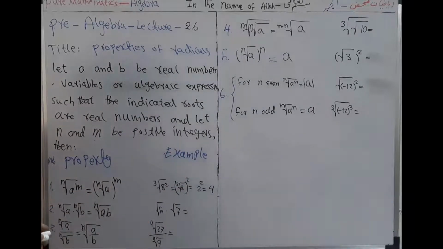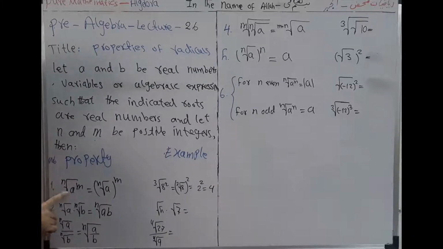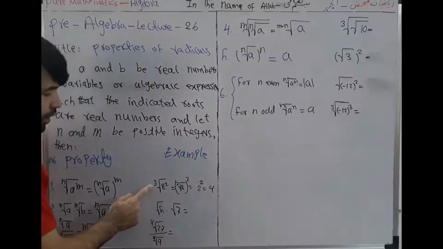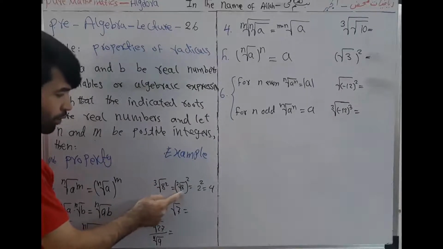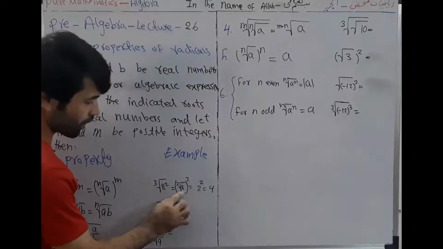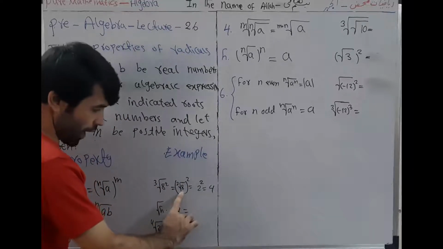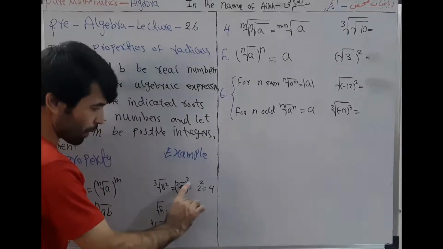First one, if we have the n root of a to the power m, it is equal to the n root of a, whole to the power m. The example is the third root of a to the power 2, it is equal to the third root of a, whole to the power 2. We know that the third root of 8 is equal to 2, so 2 to the power 2 is equal to 4.